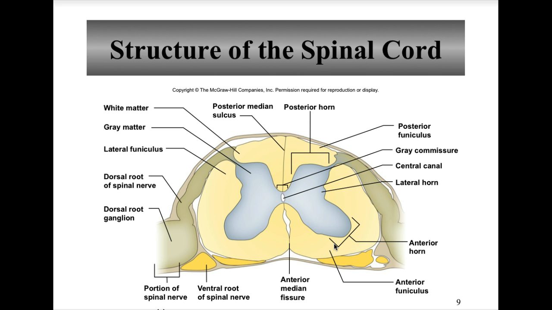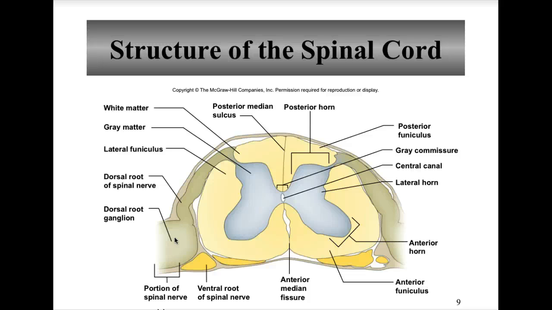You have a ventral and dorsal root. So here's the dorsal root of the spinal nerve, and the dorsal root ganglion, which is right here. Remember, a ganglion is a bundle of cell bodies outside the central nervous system, so therefore it's in the peripheral nervous system.